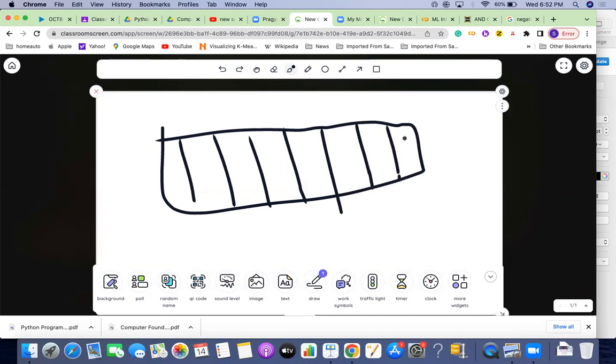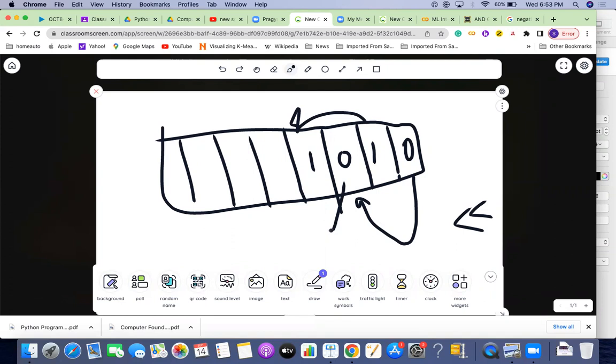Now people are sitting here. If I say shift left, this guy will shift here, this guy will shift here, and this guy will shift here. After some time, they will fall off.